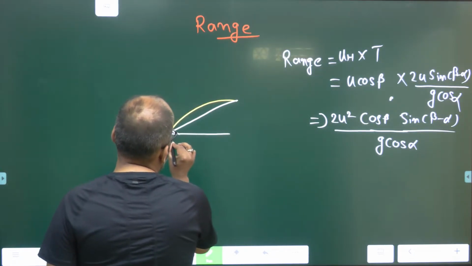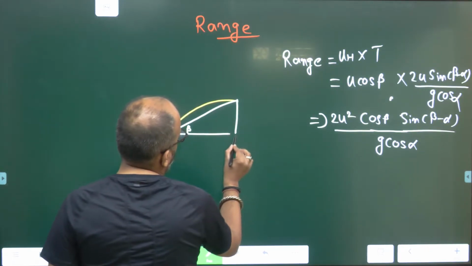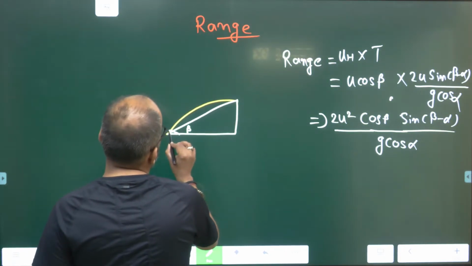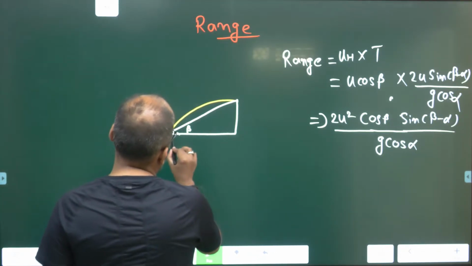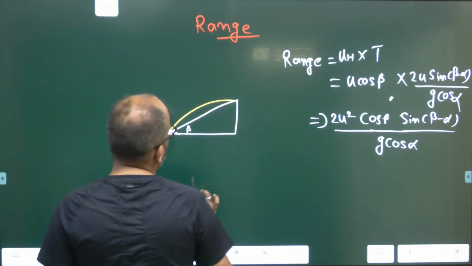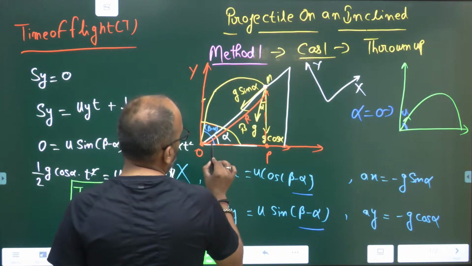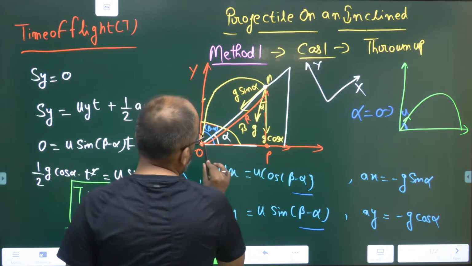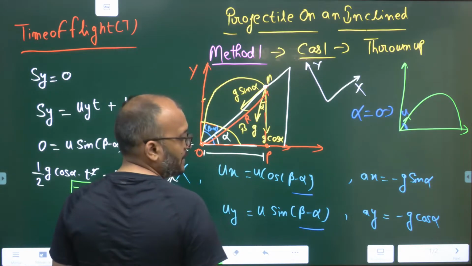So this angle I am talking about, and this angle is beta. I am not talking about the angle of inclination. Why? Because when I am dealing with range, I am taking the horizontal distance.